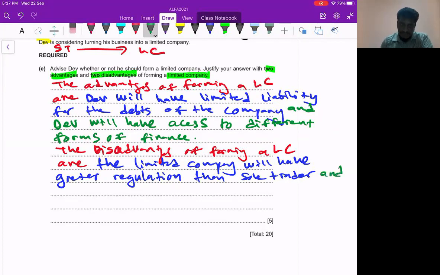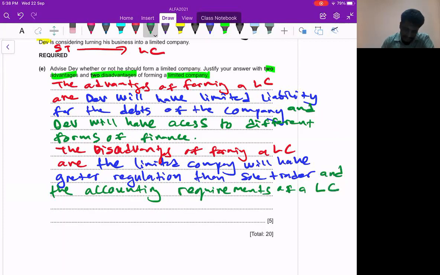And the accounting requirements of a limited company will be more complex than a sole trader.